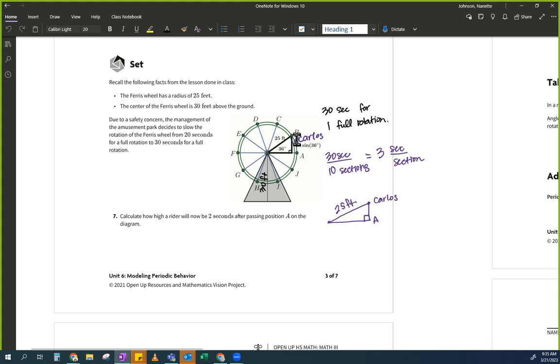Yeah. So if you think about this as a number line, it's not a number line, it's a clock, right? It takes your little hand 3 seconds to go from A to B. Because it's traveling at the same rate, you could assume that if I cut it up into 3 sections, each section is going to take 1 second to do it.